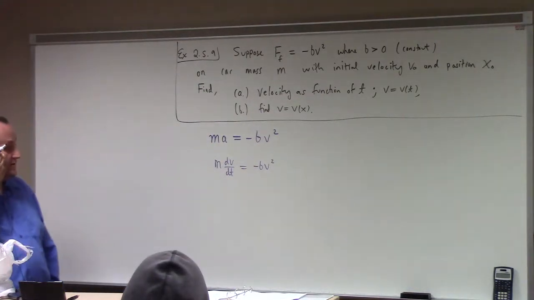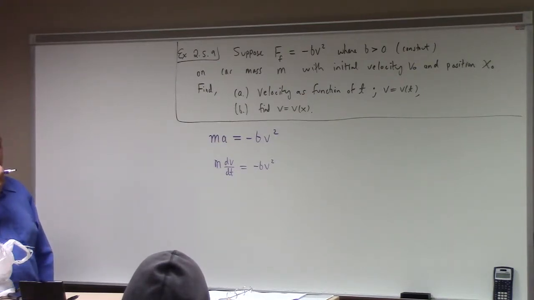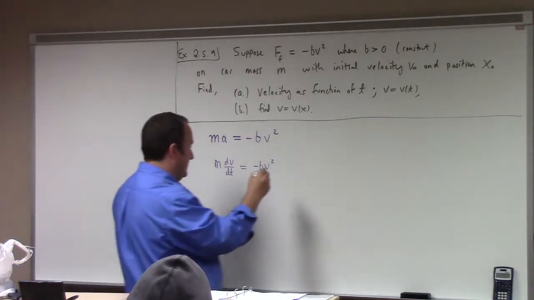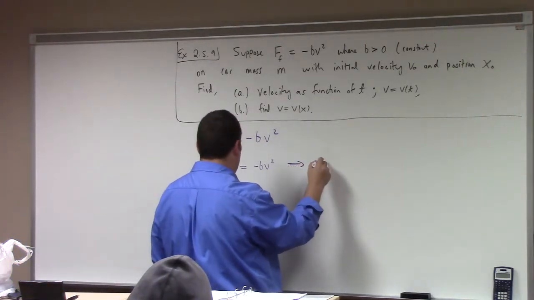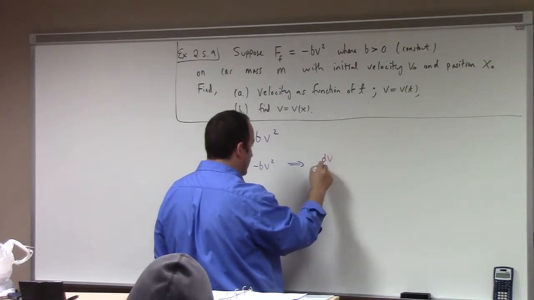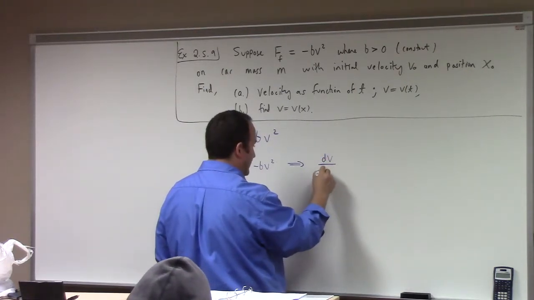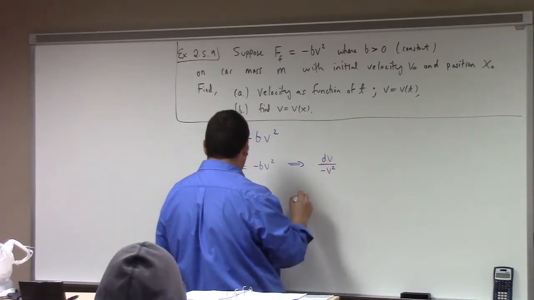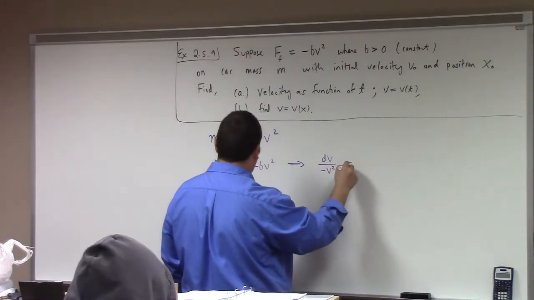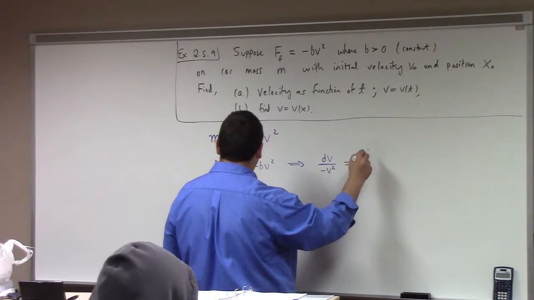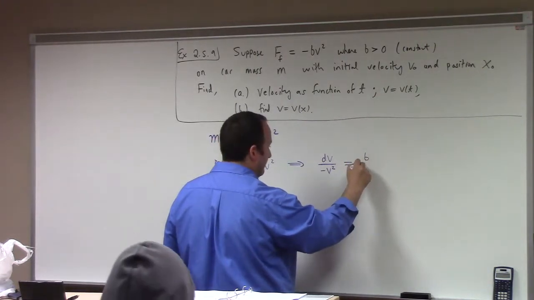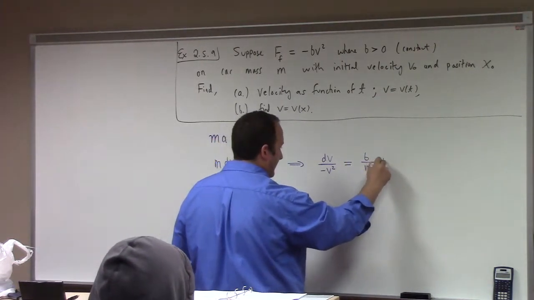Now, I can do what to solve this? If I want to find v as a function of time, all I've got to do is separate and integrate. So be smart about your separation and your integration. So we have dv over v squared, let me suggest putting that minus here because that's ever so lovely for the integration. And that's going to be equal to b over m dt, I think. Right?